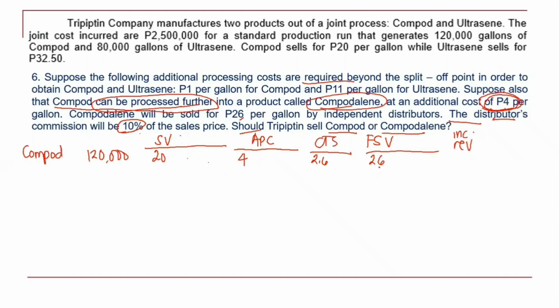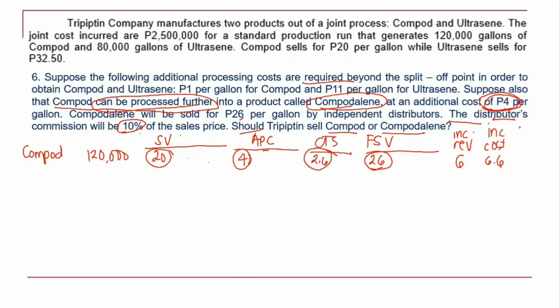Incremental revenue natin ay 26 minus yung 20 na sales value ni Compod. So 6 pesos per unit ang incremental revenue. Ang incremental cost natin na i-consider natin ay hindi lang itong additional processing cost na 4 pesos dahil may incidental cost pa tayo na 2.6 kaya 6.6.